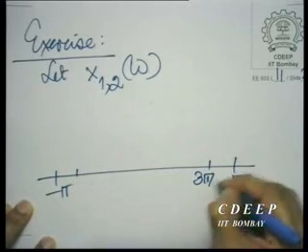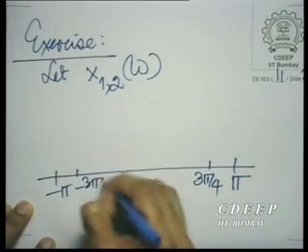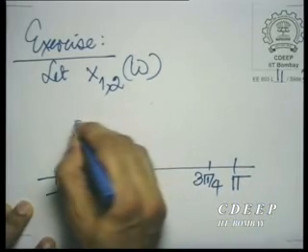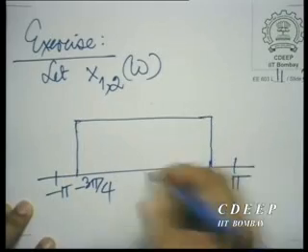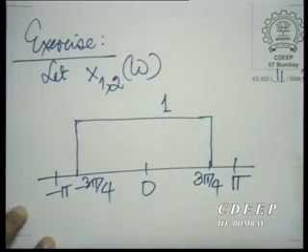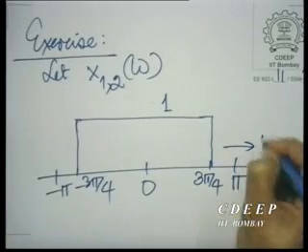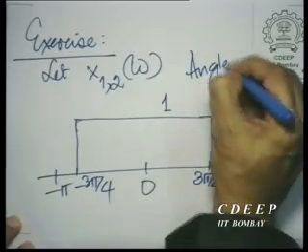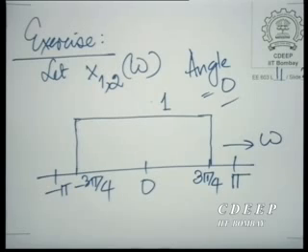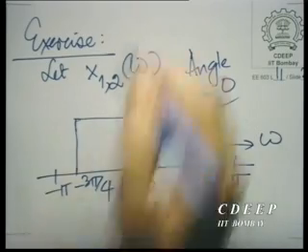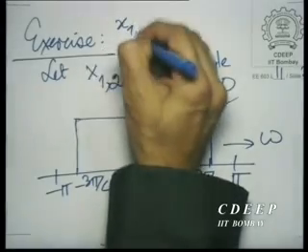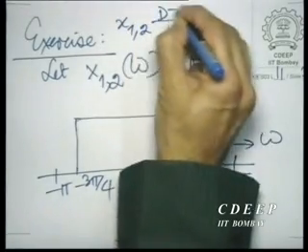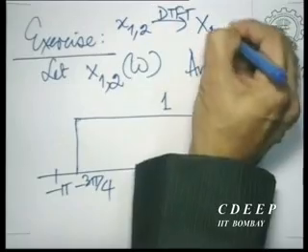Let them be 1 between minus 3 pi by 4 and plus 3 pi by 4, and of course the angle is 0. It's a 0 phase. And of course, you know that x1 and x2 have the DTFTs capital X1 and X2 as before.